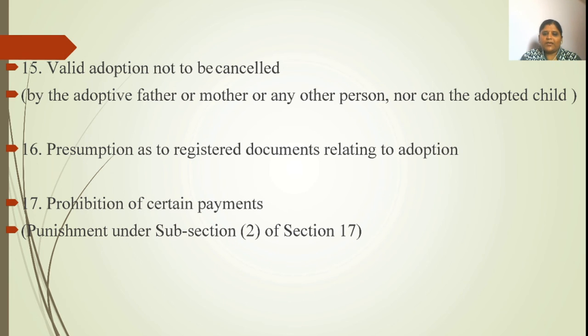Subsection 2 says that if any person contravenes the provision of subsection 1, he shall be punishable with imprisonment, which may extend to 6 months, or with fine, or with both. And subsection 3 says that no prosecution under this section shall be instituted without the previous sanction of the state government or any officer authorized by the state government in this behalf.